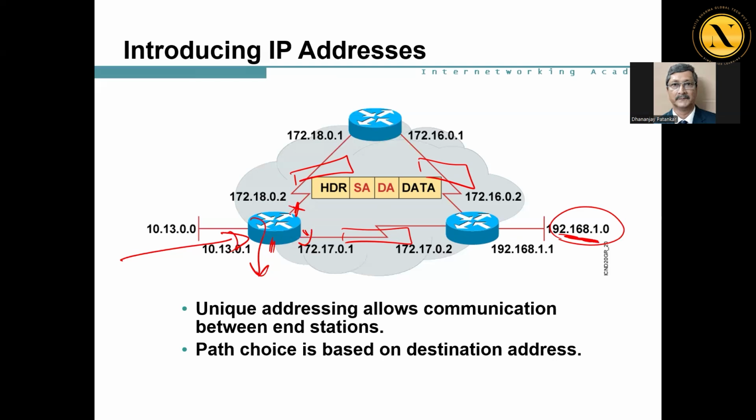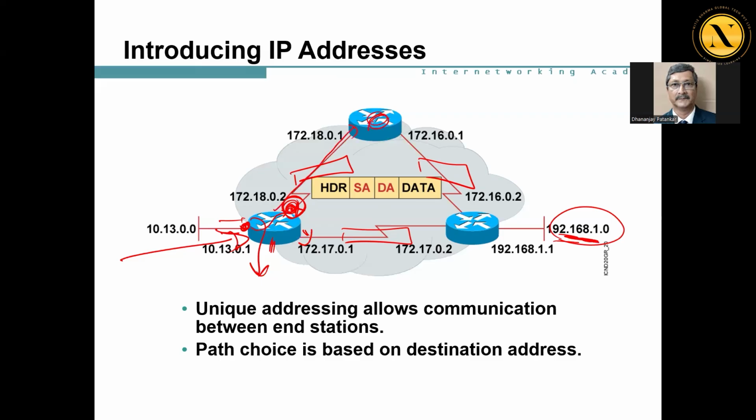If the routing table says for 192.168.1.something go through port X, then it will receive the packet on this interface, internally switch it, keep it in this interface's buffer and then forward it from here to this router.